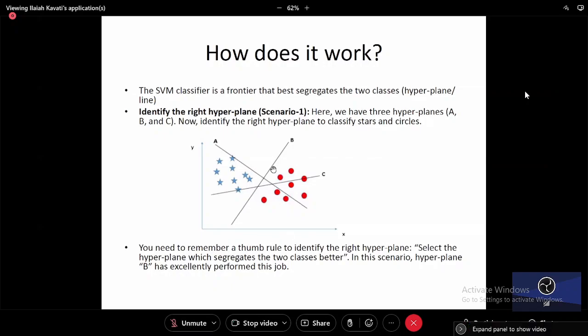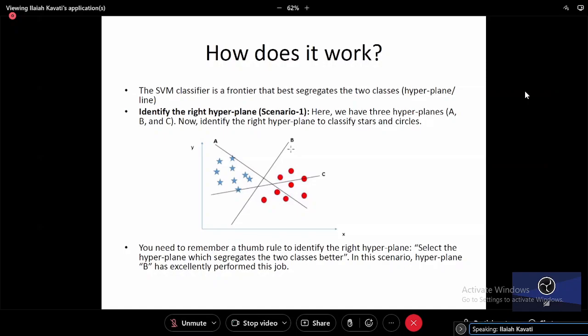This hyperplane can generally be a simple line, or a different kind of boundary, such as a square, a circle, an ellipse, or a curve.